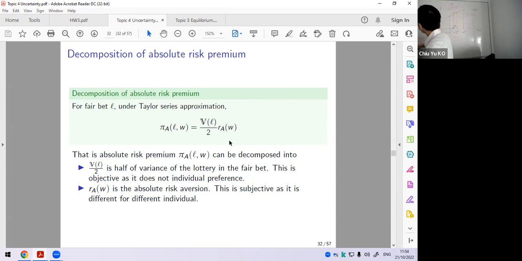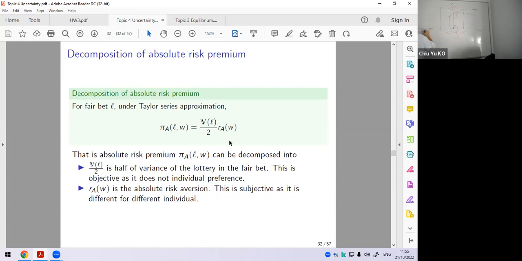Let me draw here, because I think now we need a fair bet, right? The same graph here. I have outcomes L prime and L double prime. It's a fair bet, so suppose they are equally likely.